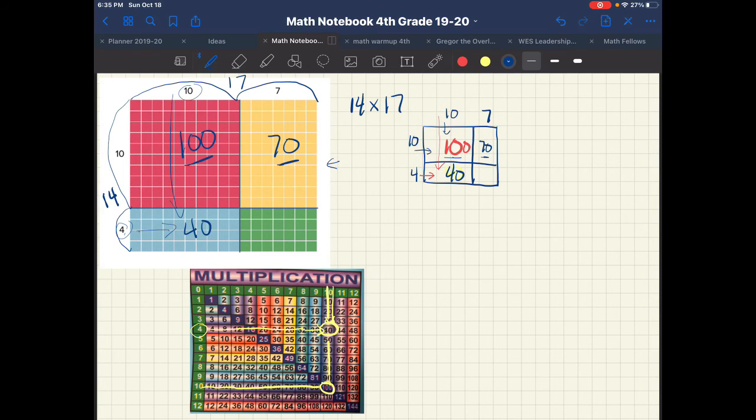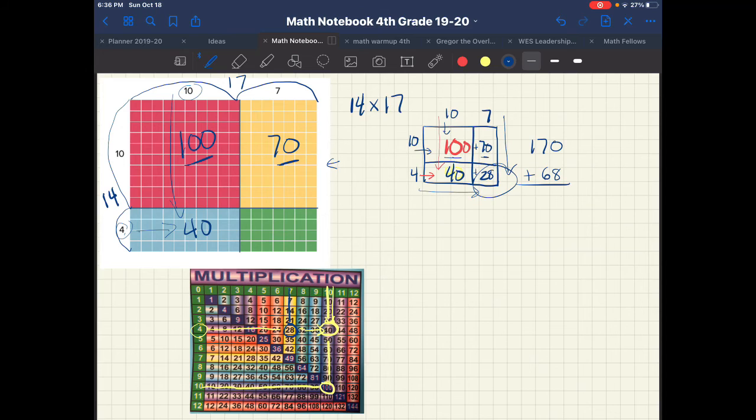Last one, the 4 continues over, the 7 continues down. They're going to meet right here. 4 times 7. Let's see, where is 7? Here's 7. 7's coming down to right here. What does that say? Okay, the 7 and the 4 meet at 28. Now, of course, I've just got to add everything up. 100 and 70 is 170. 40 and 28 is 68.